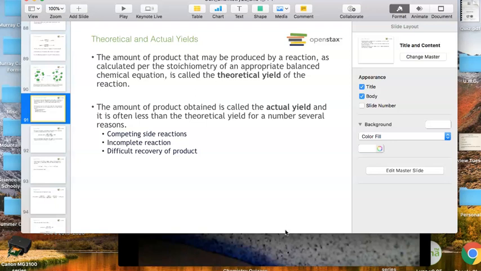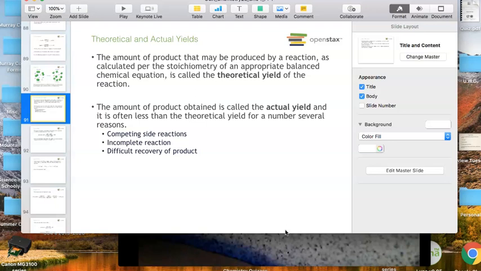Let me get another piece of paper here. So copper sulfate. There's one atom of copper. Its molar mass is roughly 63.55. For sulfur, there's one atom of it.